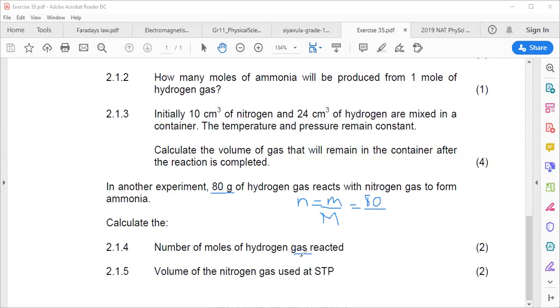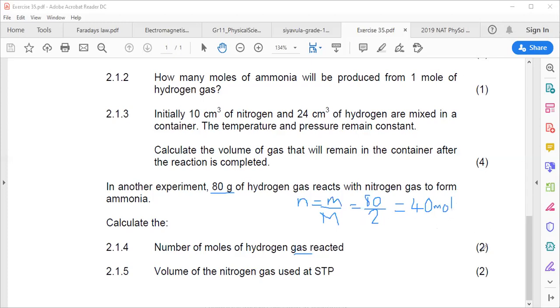There's gas there. So you're not going to use 1, because hydrogen gas is always a diatomic molecule. Diatomic makes it how much? 2. So 80 divided by 2 gives you 40. So the answer is 40 moles.